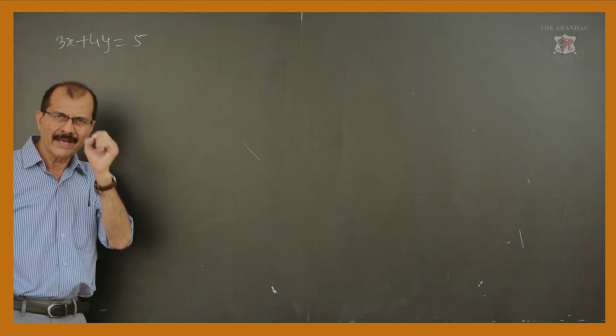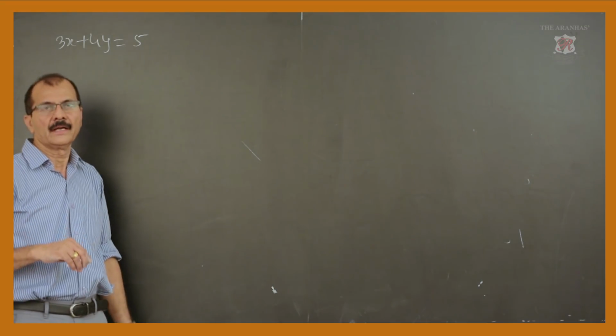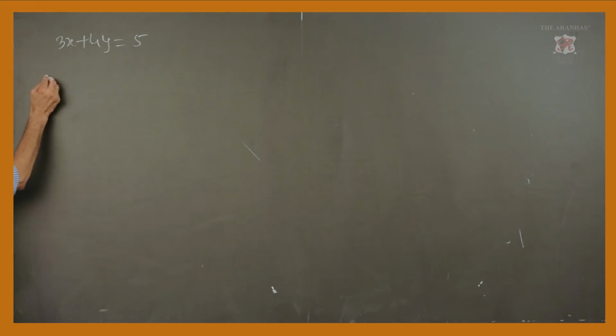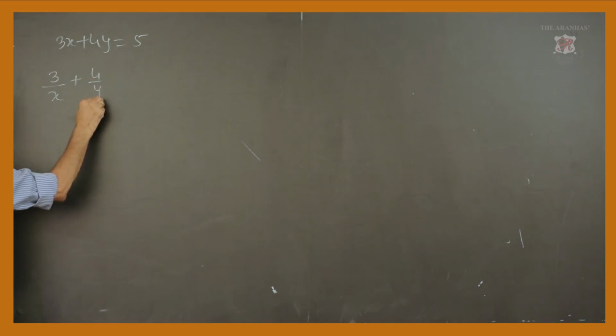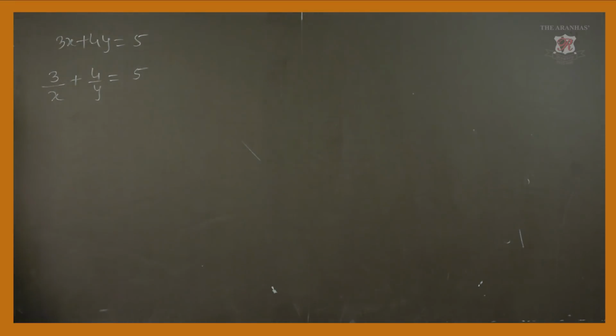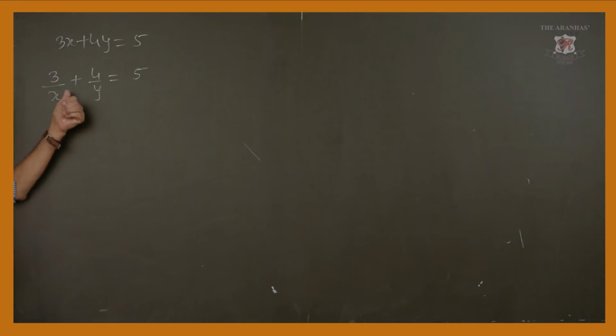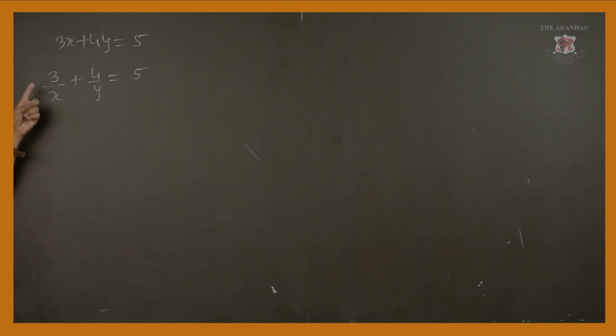But now I will write one equation on the board and tell me, will that be a linear equation? 3 upon x plus 4 upon y is equal to 5. Now, is this a linear equation? No. Why? Because this is not a linear equation in two variables.